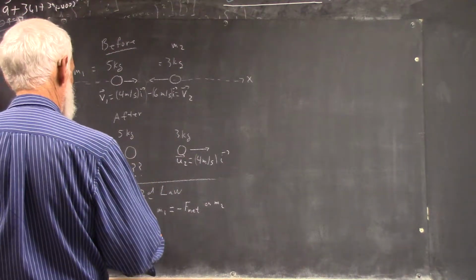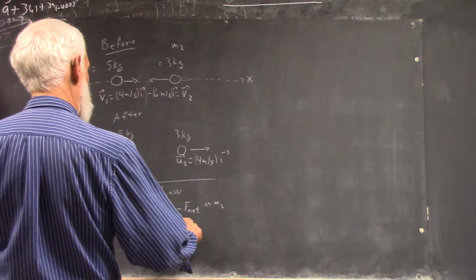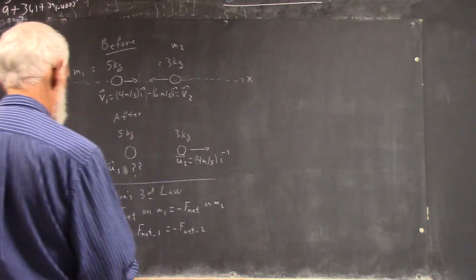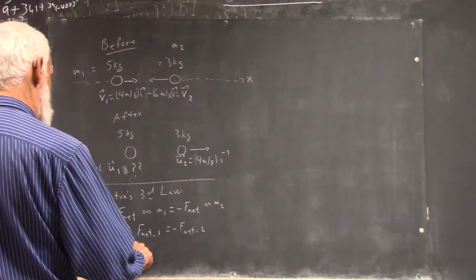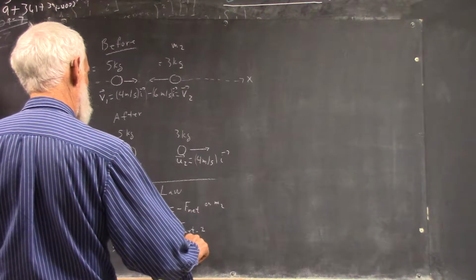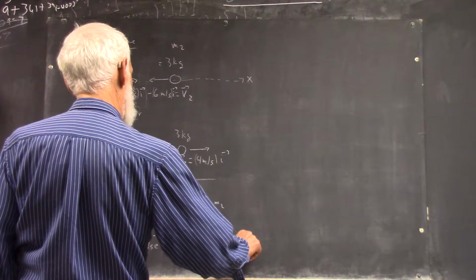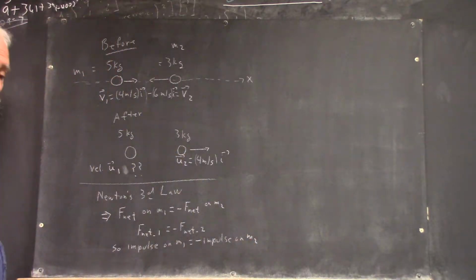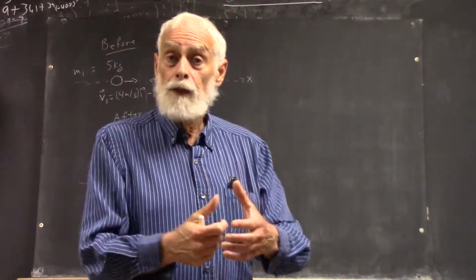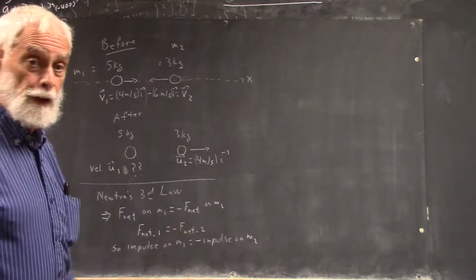So I'll just say that is F net 1 equals negative F net 2. So the impulse on M1 equals negative impulse on M2, because obviously the forces these things exert on each other last for the same time. They're equal and opposite, so the impulses have to be equal and opposite.